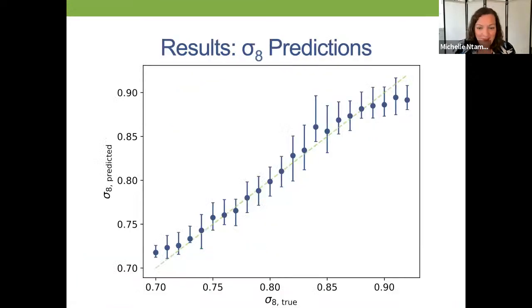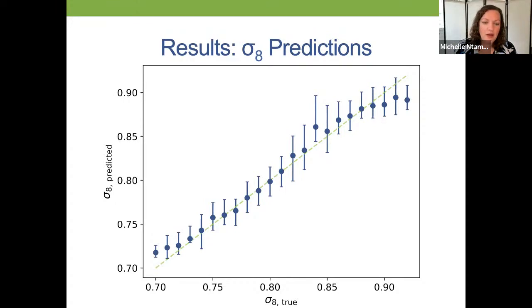How does it do? Here what I'm showing is true and predicted sigma 8 with a 1-to-1 line. You can see that it performs much better toward the middle. At the edges, it tends to bias toward the mean a little bit. It underestimates up here, overestimates down here. This is a really common failure mode of machine learning.